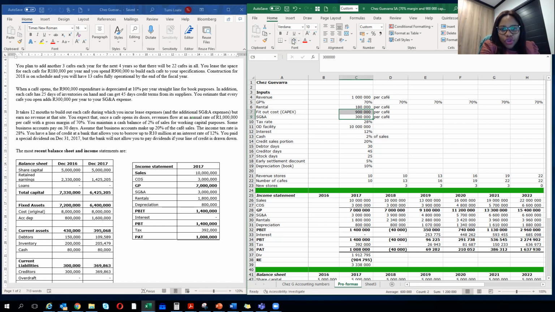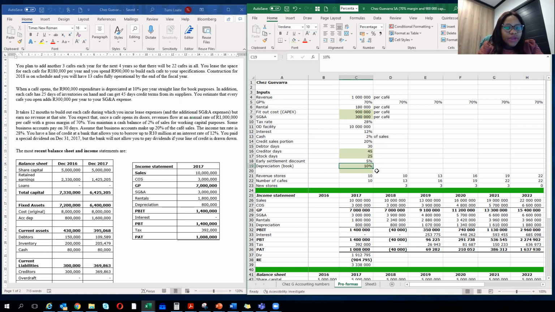Besides the 10% depreciation, I've put down the 25 inventory days and the 45 creditors days. This is just a summary of all the information we've noted as we read each paragraph, to make sure we've taken everything into account.